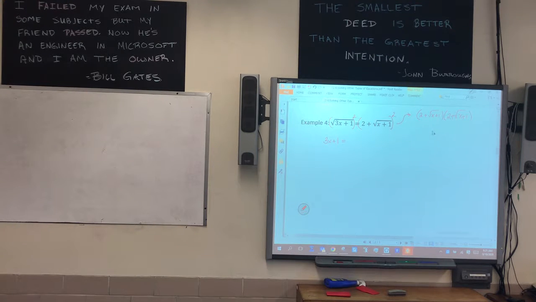That means FOIL. So I do first times first, which is 4. I have to do outside times outside, which gives me 2 root x plus 1s. And then inside times inside is going to give me 2 more of those. So total gives me 4 root x plus 1.